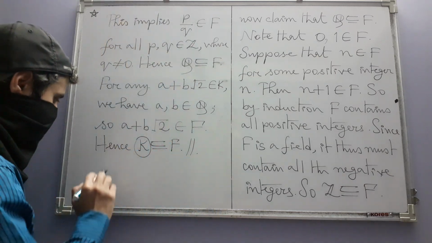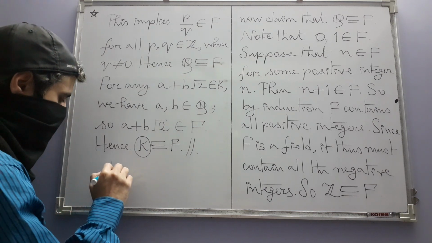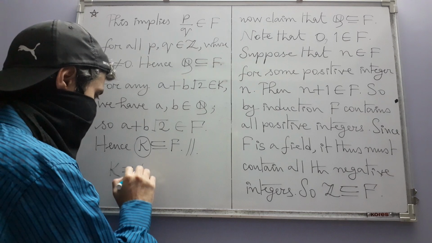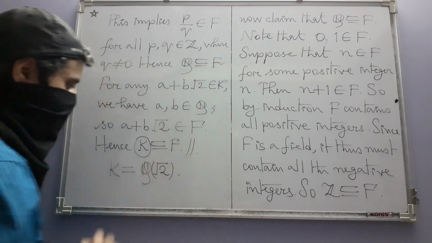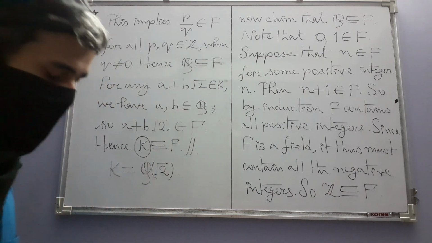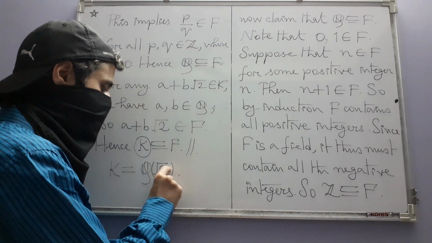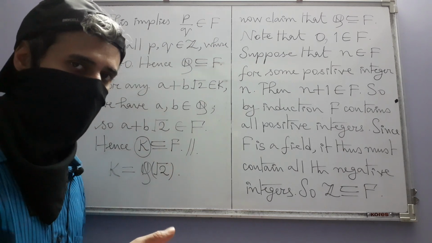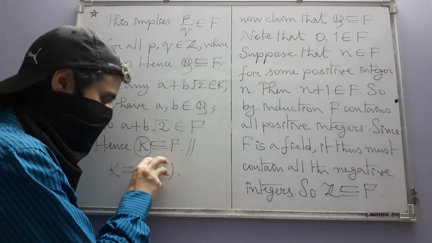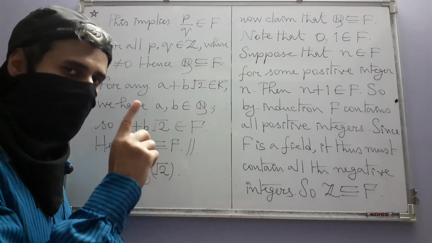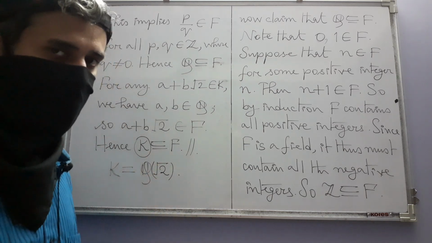See, the K, let me just say one more thing before I stop this video. K is sometimes also written like this. It is a subfield of the field of real numbers obtained by adjoining the extra element root 2 to the subfield of rational numbers, and it becomes the smallest subfield of the field of real numbers to contain root 2 as well as all the rational numbers.